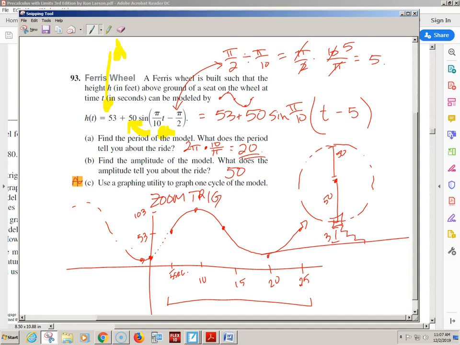Now check it. You want to be in radian mode. Sorry, I probably should have said that earlier. Some of you are messed up because you're in degree mode, and for this one, especially with the pi, they're thinking that it's radians. Also remember, this is a T shift. Awkward, I know, but the T is kind of like a theta because it's on that theta axis.